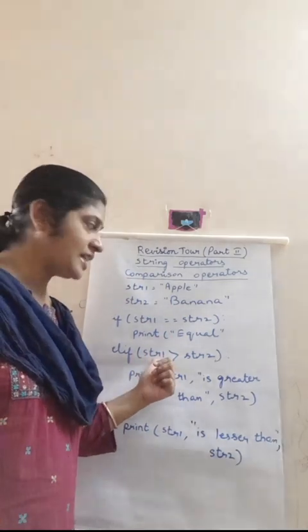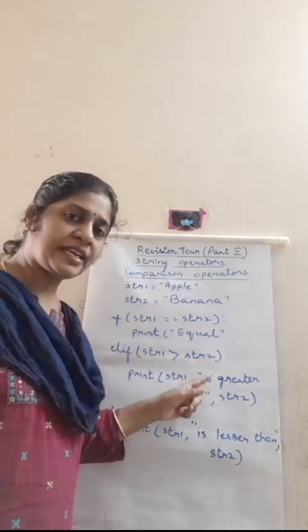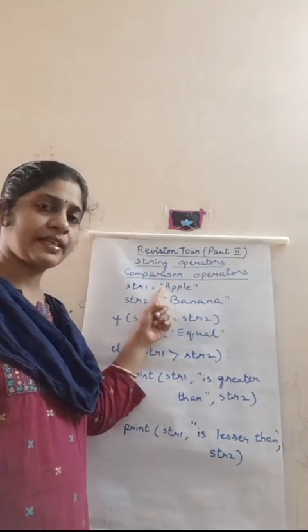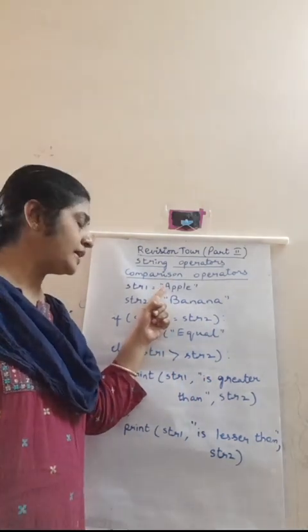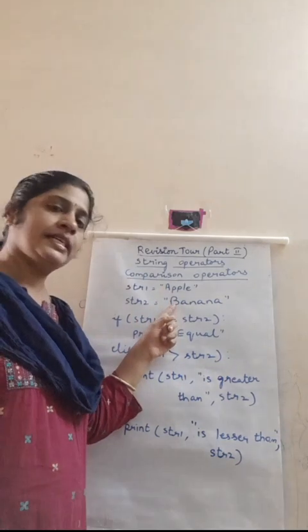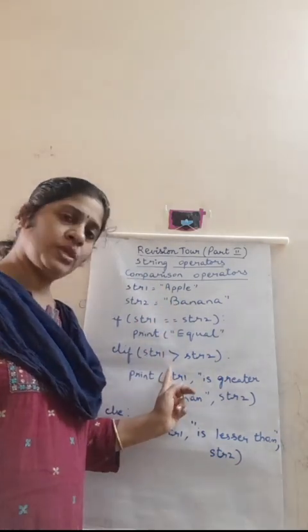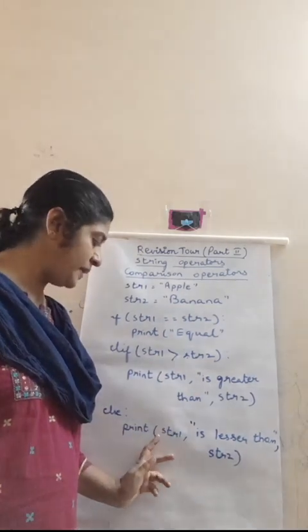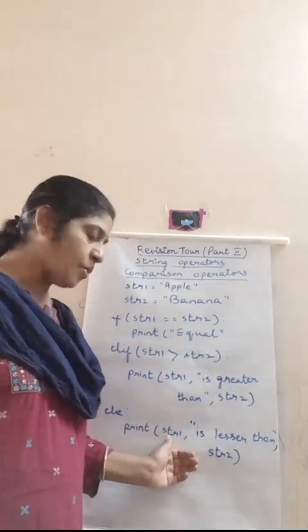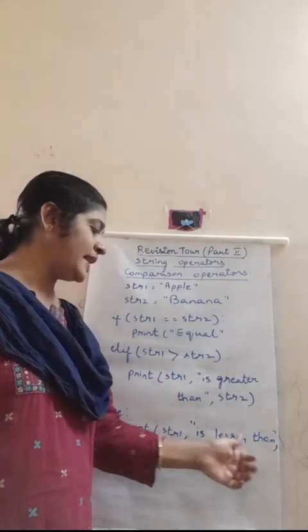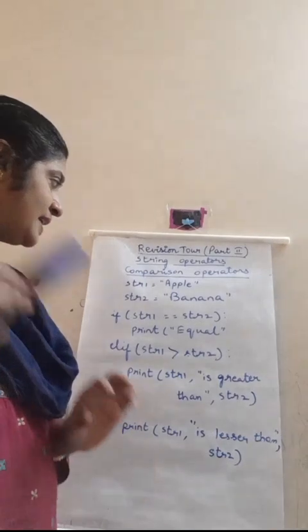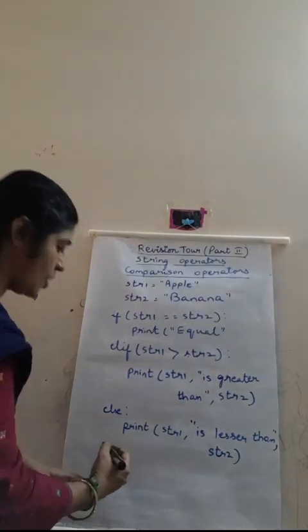Else if string 1 is greater than string 2, again it will compare the first Unicode characters. Is 65 greater than 66? No. This condition is also false. So it will print the message, string 1, apple is lesser than banana. What would be the output?